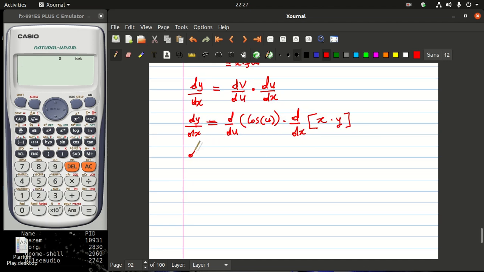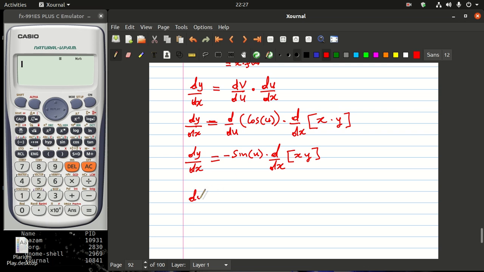This one is still going to be dy dx. What is the derivative of cosine? Take note that we have a u and a u, so the derivative of cosine is minus sine of u. And then here I still have dx, and inside here I am going to end up having x and y. I'm not going to deal with this now. First I need to substitute.